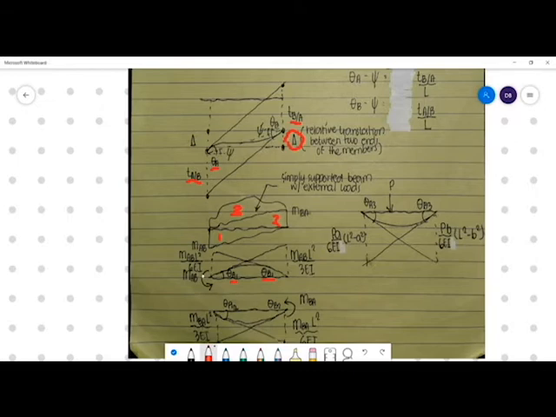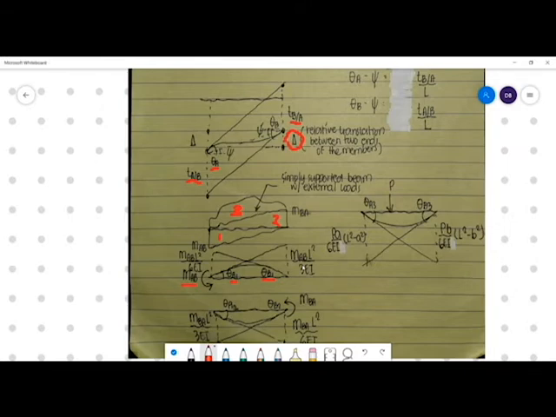So first, we subject the beam to moment M sub AB, and we have theta A1 and theta B1. I will not manually compute the tangential deviation anymore for you, so you can try to do it yourself.